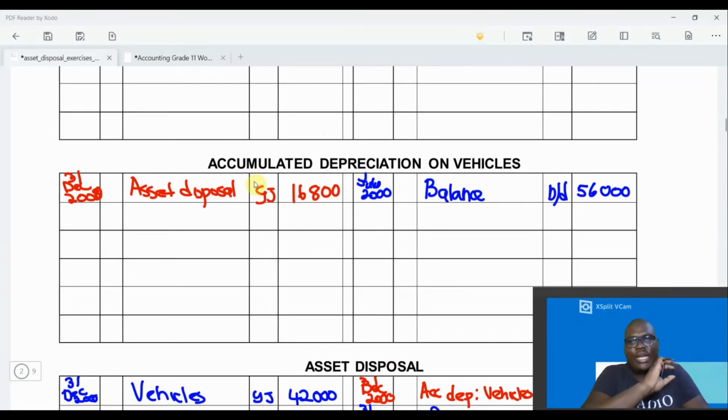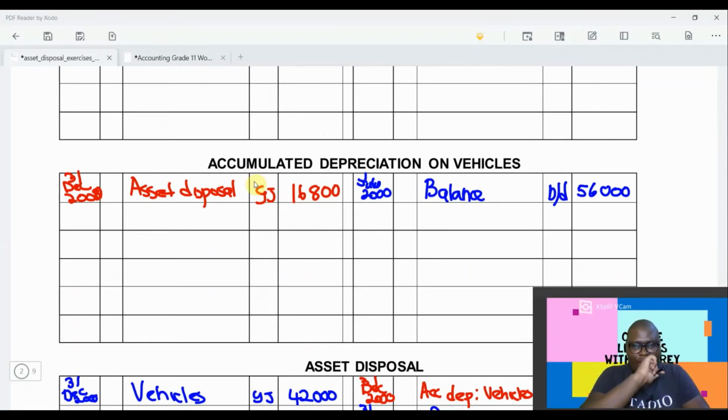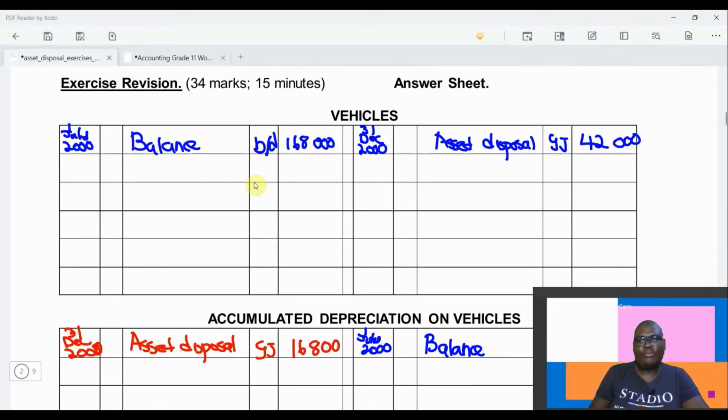Now we're going to focus on important things. We're going to look at the vehicles that are remaining and the new one, and check the depreciation.